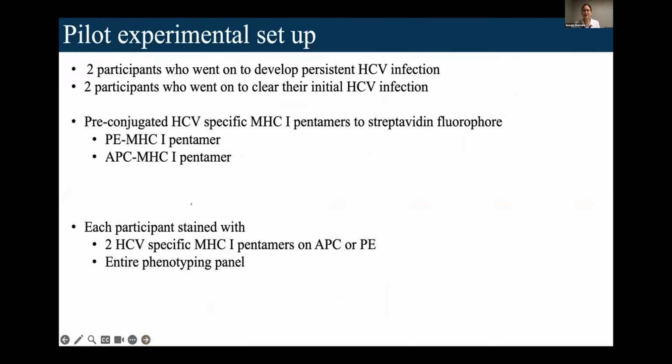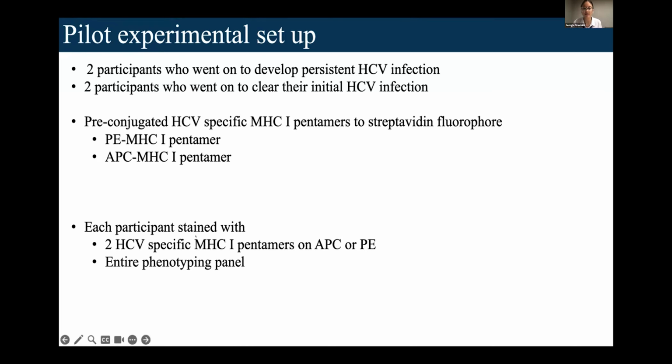And then lastly, in the last couple of minutes, I just want to go over a quick pilot experiment that we did where we actually were able to test this method in PBMCs from individuals who have acquired HCV virus, or HCV. And we picked PBMCs from 2 participants who went on to develop persistent HCV infection and 2 participants who went on to clear their initial HCV infection, and did a very similar setup where each PBMC sample was stained with 1 MHC class 1 pentamer specific for a specific HCV epitope on PE and another for a different epitope on APC.